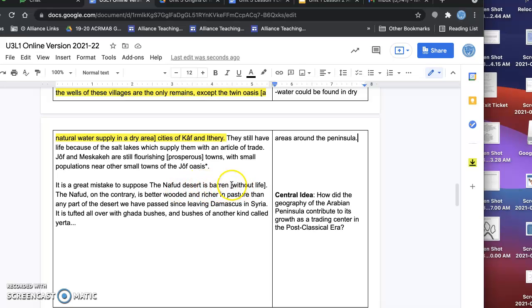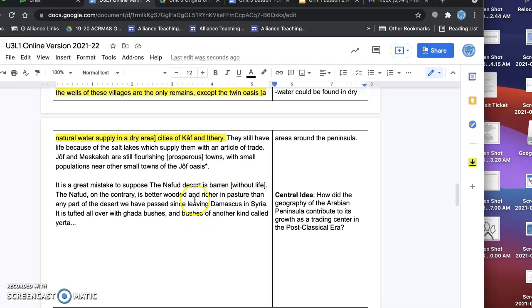Anytime you see a word after it with parentheses, it means that's what that previous word means. So the Nafud desert is barren, which means there's no life. The Nafud, on the contrary, is better wooded and richer in pasture than any part of the desert we have passed since leaving Damascus in Syria. It is tufted all over with gada bushes and bushes of another kind called yurta.